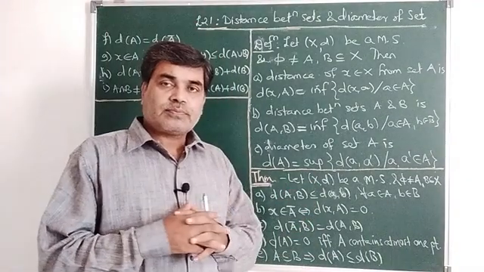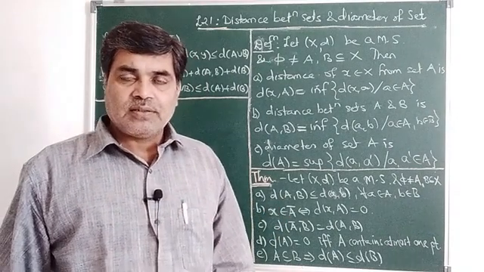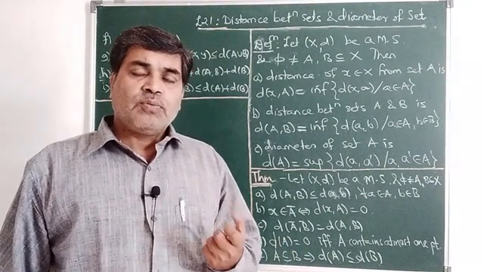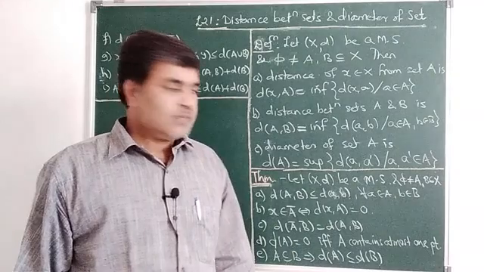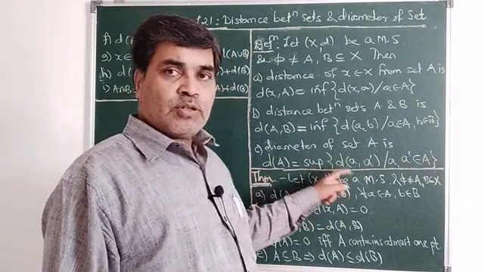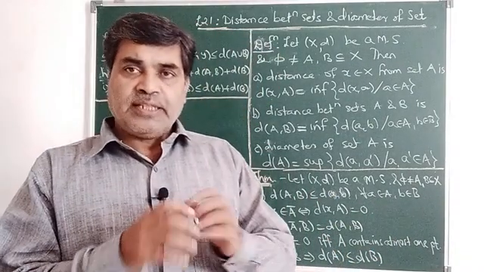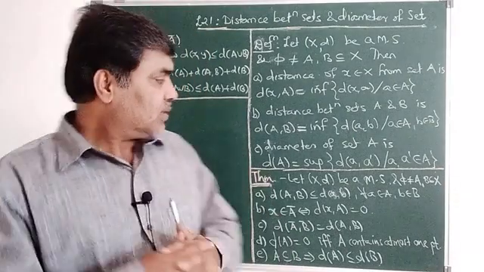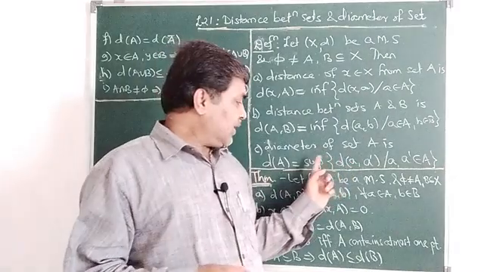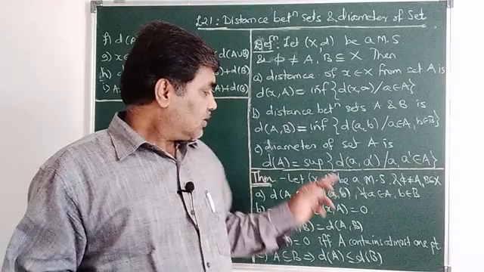Diameter: for a circle, diameter is 2 times the radius, etc. But for any arbitrary region in the R2 xy-plane, how can we find the diameter? With respect to the d function defined on the metric space, we compute the distance between any 2 points in that set, and then the supremum of that is known as the diameter of the set.